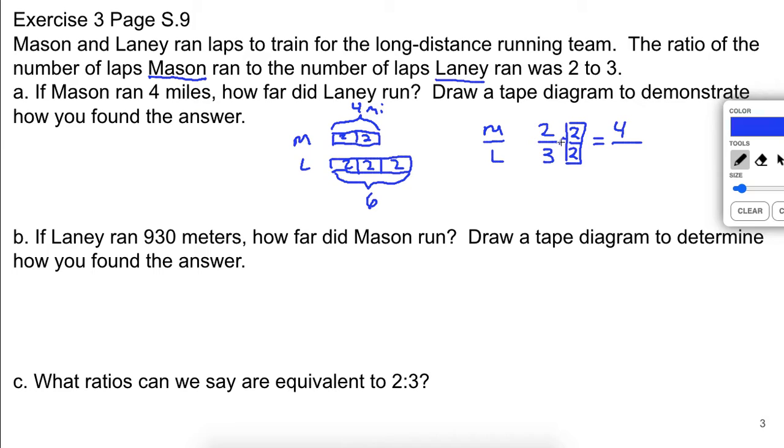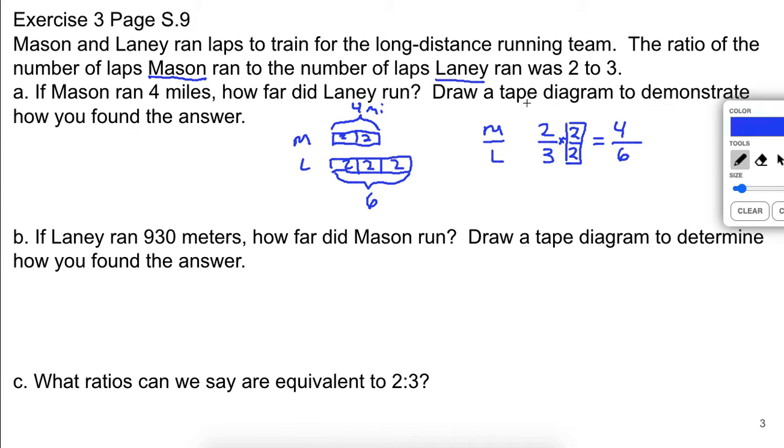So this is just finding equivalent fractions like you've done before. So 2 times 2 is 4, 3 times 2 is 6. So that's that method using multiplication. So with both of those, we ended up with Laney running 6 miles.